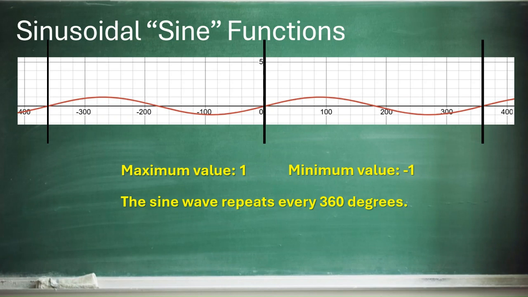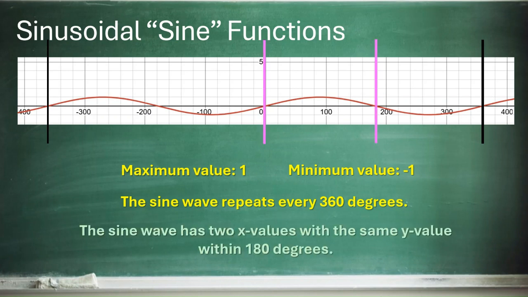So let's now look at something that makes sine a little different from cosine. And that is that the sine wave has two x values with the same y value within every 180-degree increment. So when I'm looking at 180 degrees, I have these purple lines, right? This is 0 degrees and this is 180 degrees.